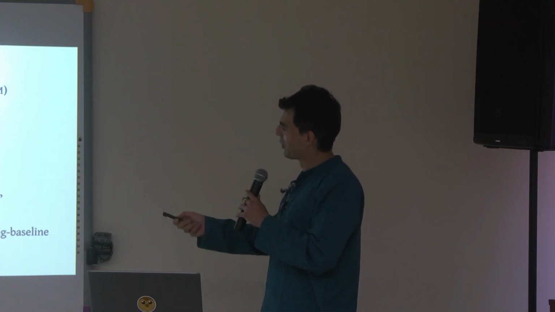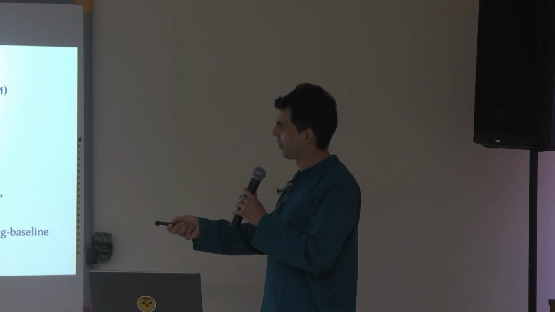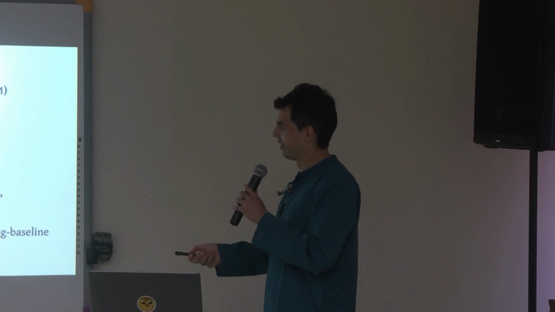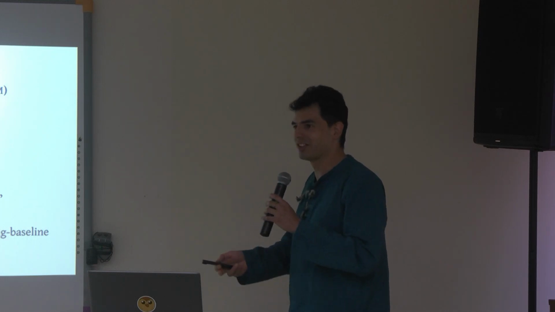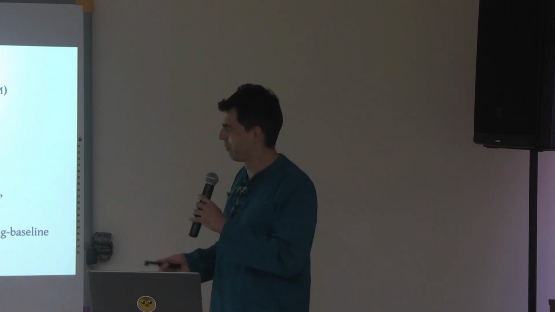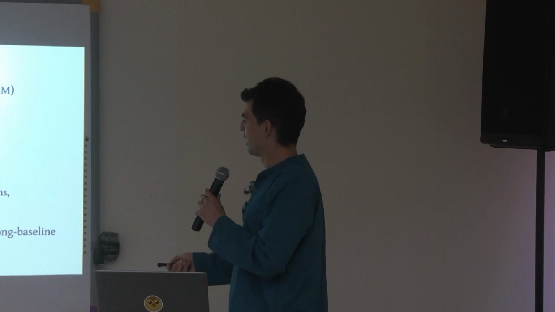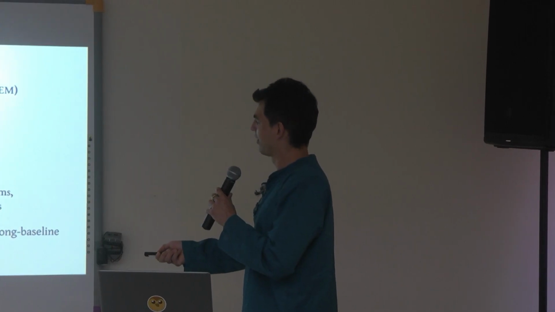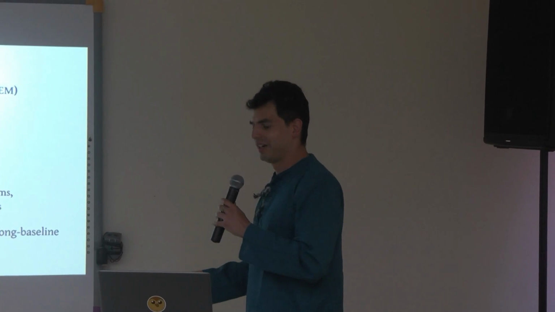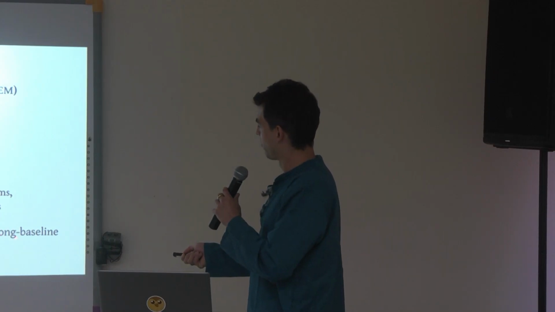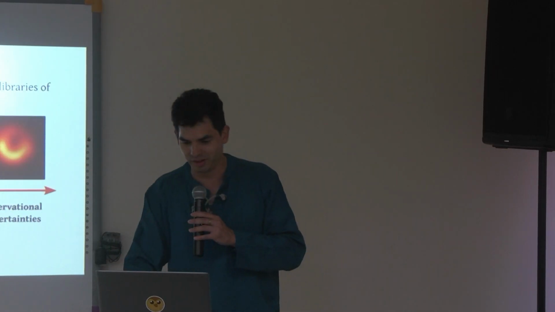You will hear a lot about gravitational waves in the talk by Ulrich this afternoon, which I look forward to very much. In this talk, I will focus instead on the appearance of black hole alternatives in the electromagnetic channel, especially for very long baseline interferometry experiments.